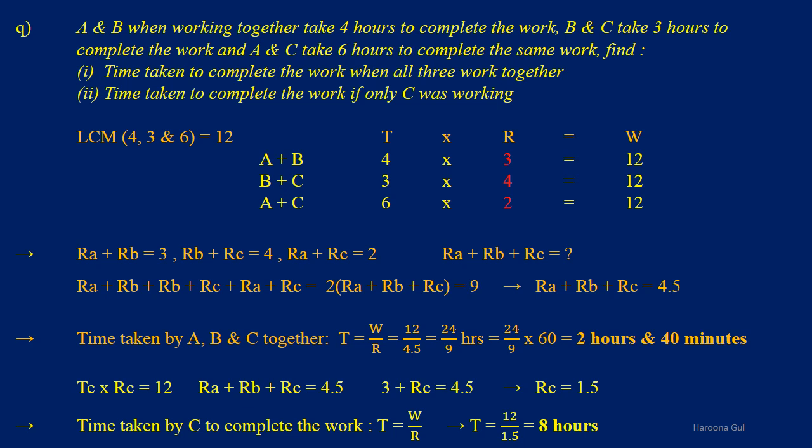Adding the left hand side, we get 2 times (RA plus RB plus RC), and adding the right hand side gives us 9. Dividing by 2 on both sides, we get RA plus RB plus RC equal to 4.5 units of work per hour. So the time taken by A, B and C together will be 2 hours and 14 minutes.